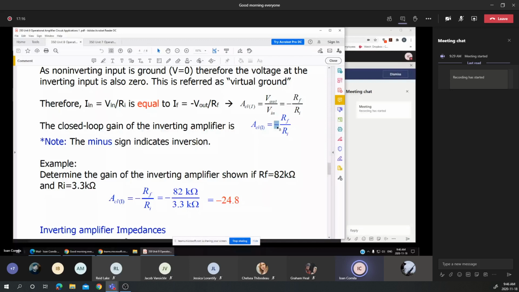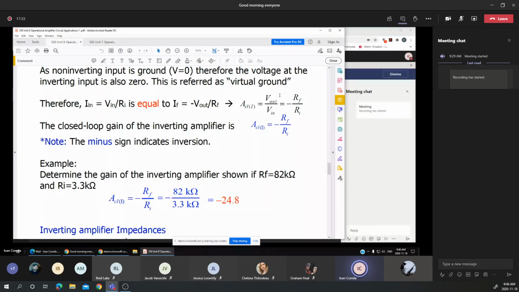In lab, we determined that if we apply a positive voltage on the input, we get a negative voltage amplified by a certain gain defined by the two resistances, and we end up with a negative output voltage.